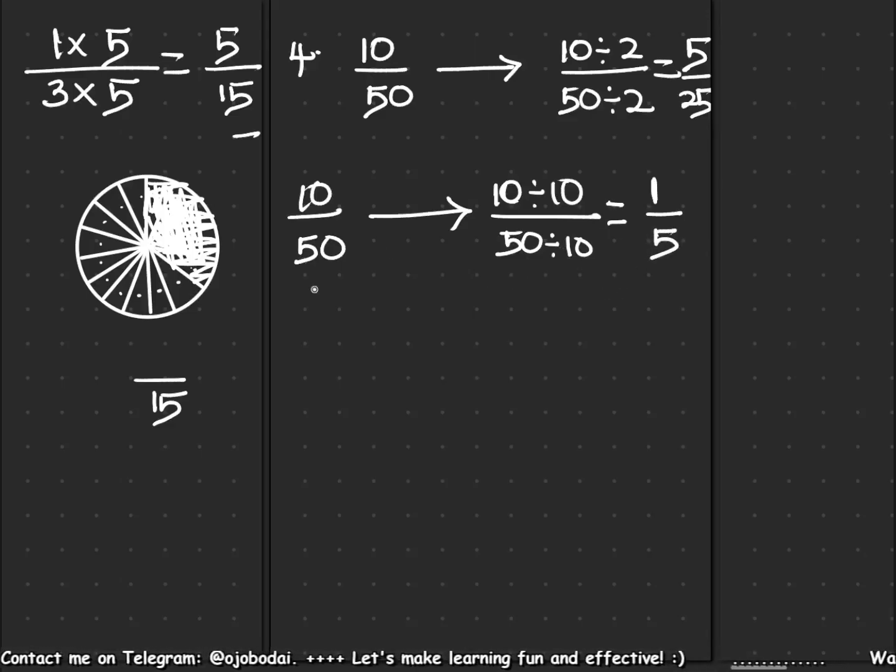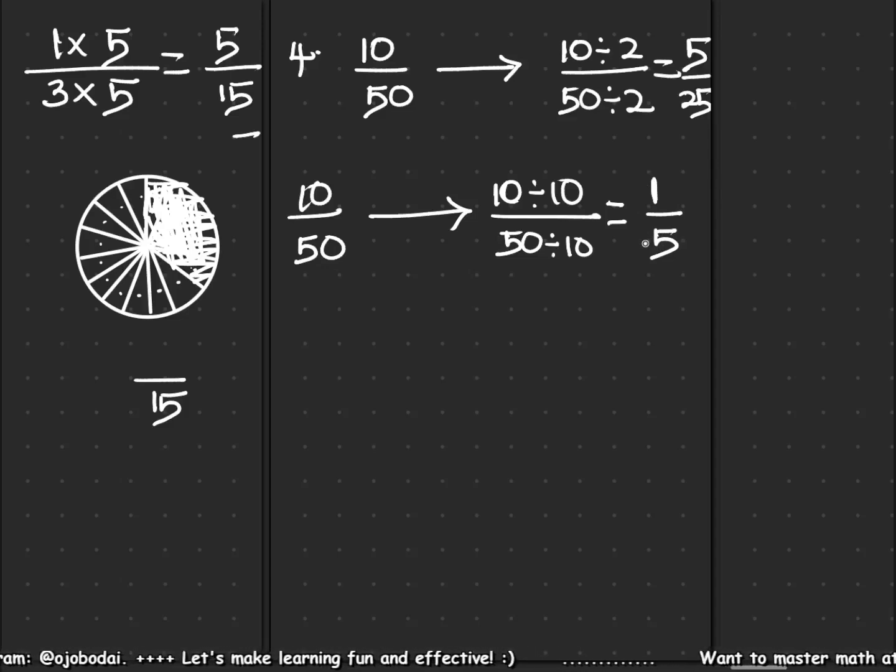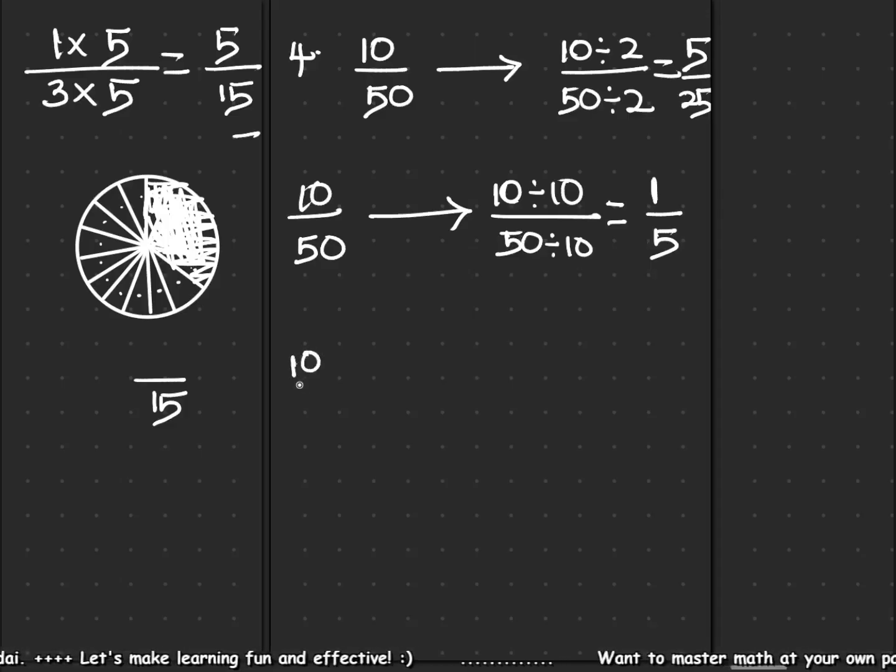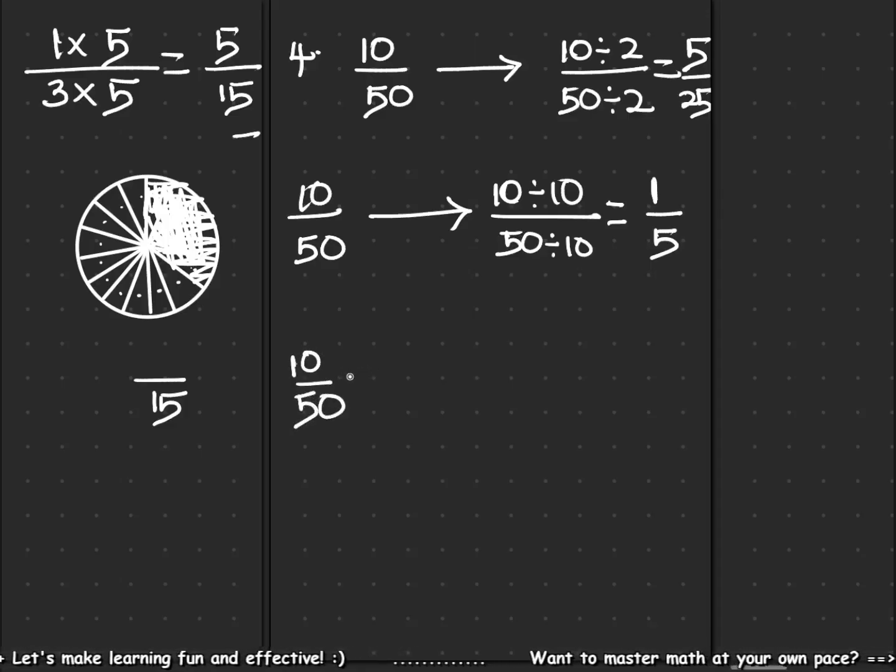So 10 over 50 is as well equivalent to what? 1 over 5. The cycle of equivalent fractions can go on and on and on and on. So for instance, if we have this same 10 over 50, we can first of all choose to divide by what?